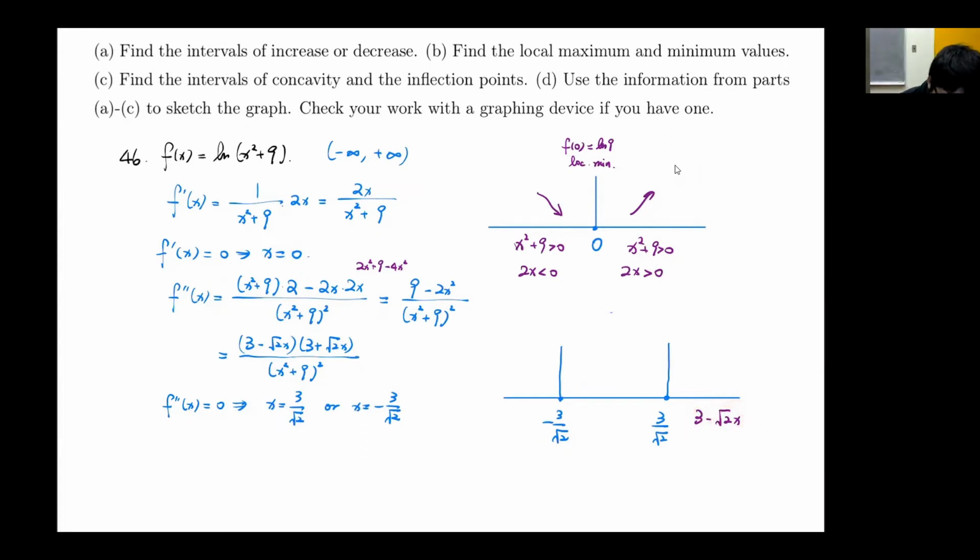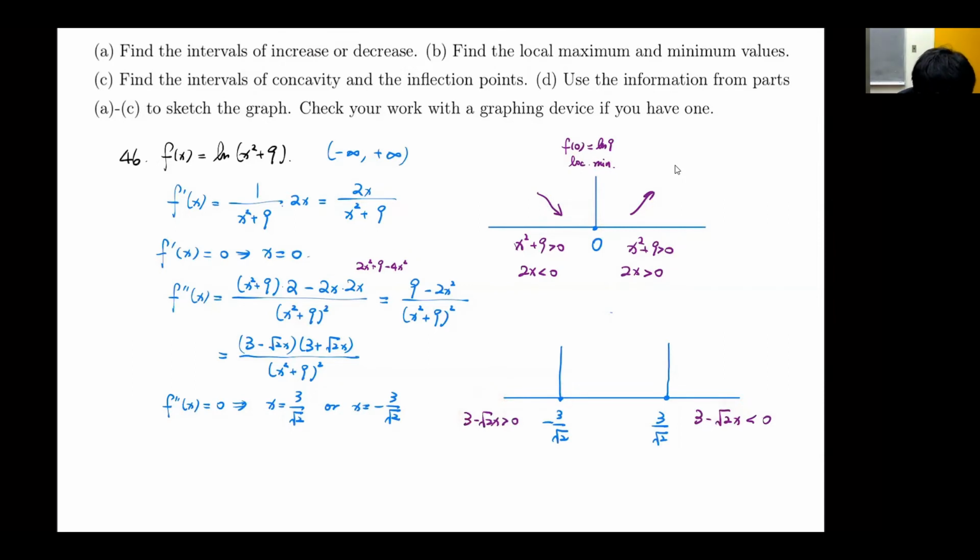So I know this factor is less than 0 to the right of everything. Similarly, to the left of everything, if x gets very negative, then minus root 2 x is a very positive number, and a very positive number plus 3 is still very positive. So I know this is greater than 0.